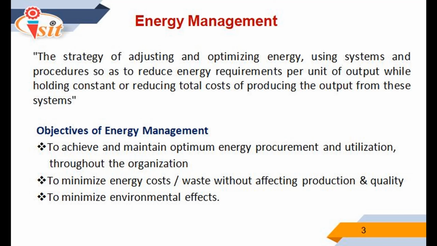The objectives of energy management are: first, to achieve and maintain optimum energy procurement and utilization throughout the organization; to minimize energy cost and waste without affecting production and quality; and to minimize the environmental effects.